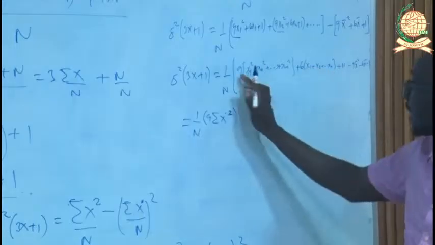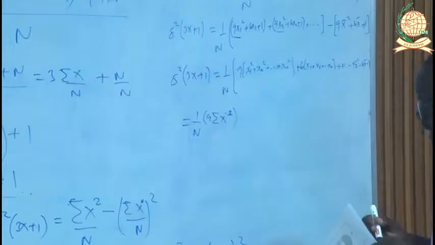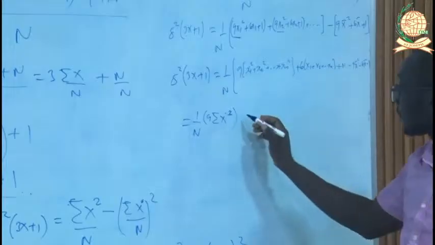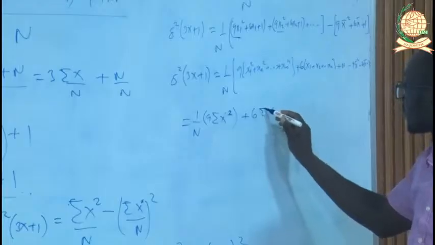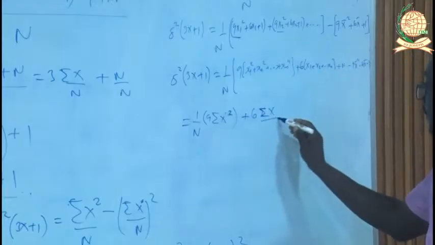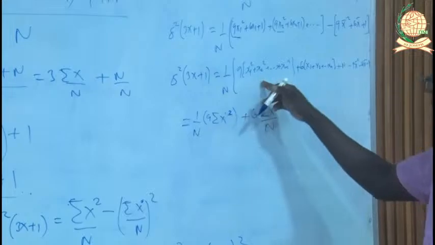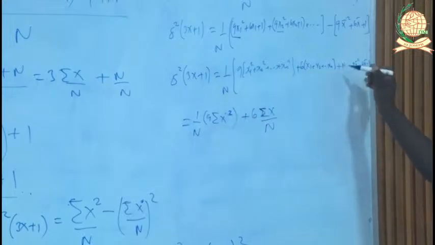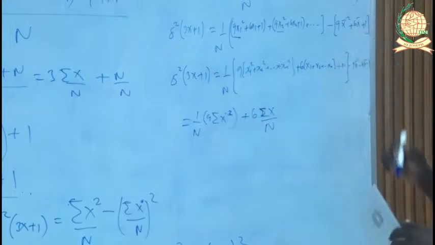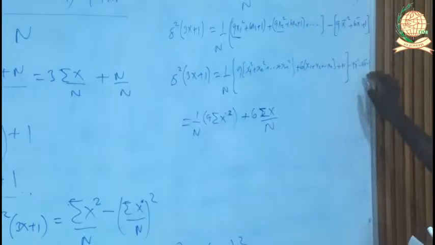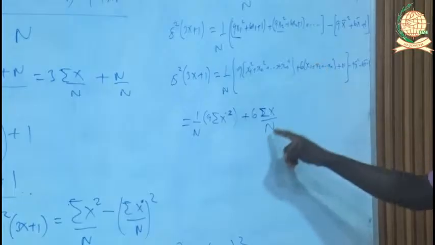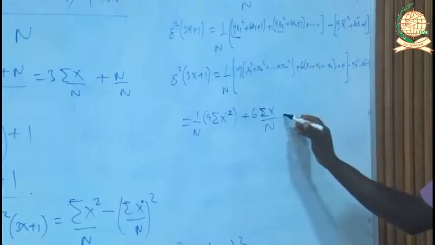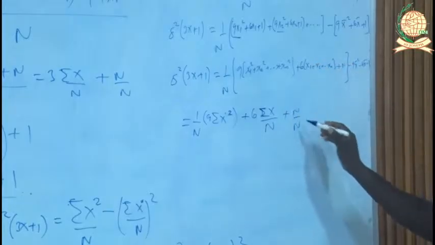So I'm going to write 9 collectively sum of x squared, then 6. Remember there is n here, so it is 6, and this is sum of x's here, divided by n, because n is here up to this n here, but not this part here of mean. This has no n. So you divide this by n, you divide this by n, and divide n by n. So n by n here is going to be n out of n again.